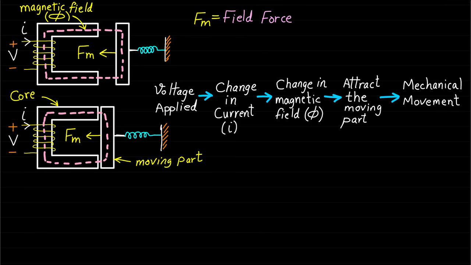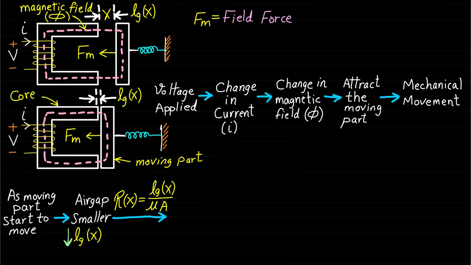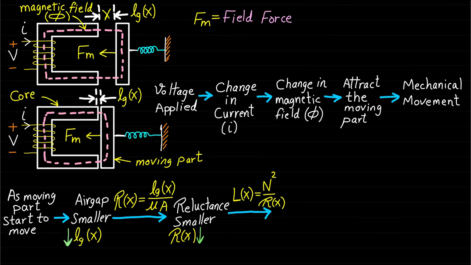Now let's pay attention to the following. As the moving part gets attracted and starts to move and approaches the C shape, the air gap length becomes smaller, the reluctance becomes smaller, and therefore the inductance of the magnetic circuit becomes larger.